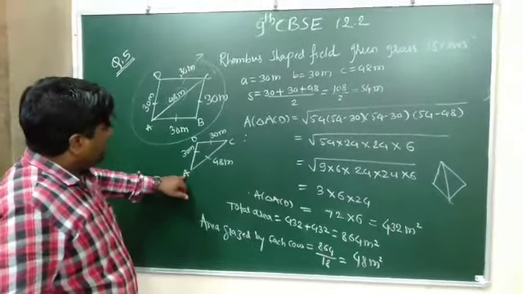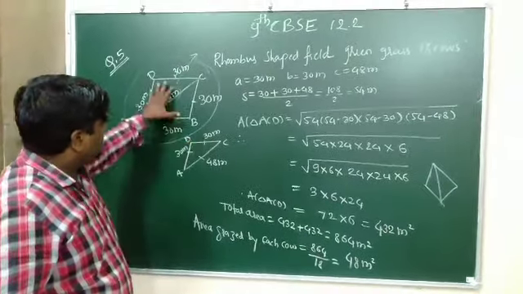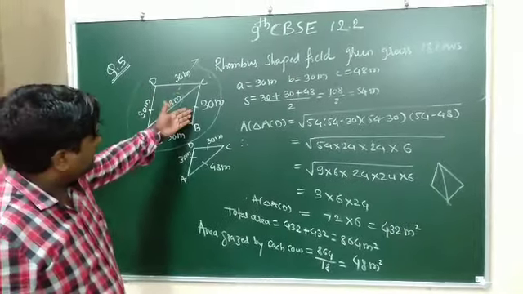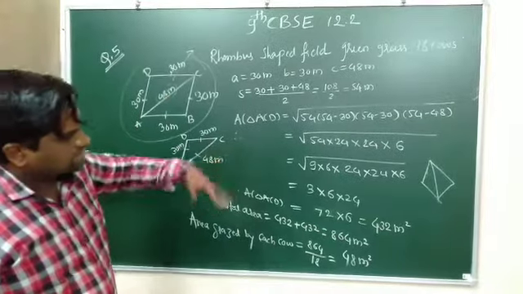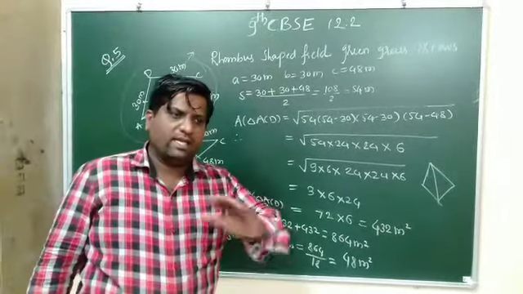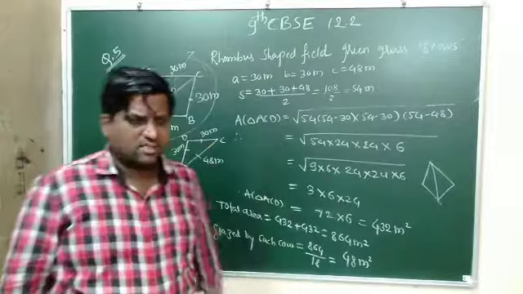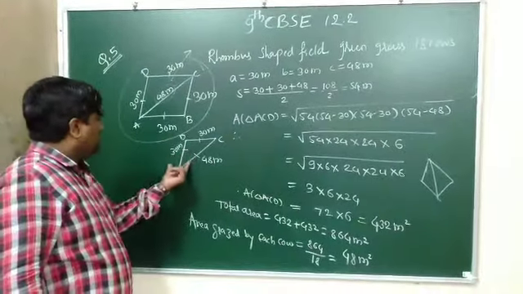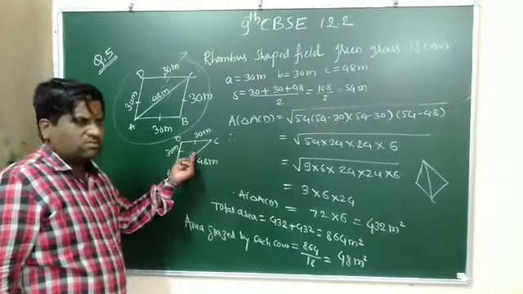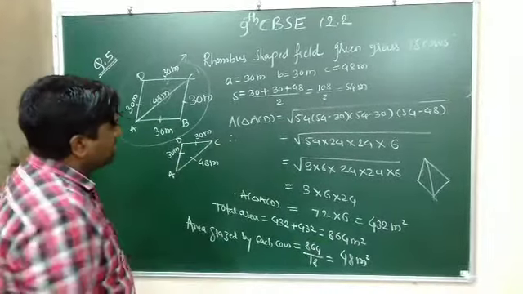I will start with the upper triangle ACD. If you start with the lower one, that is also acceptable, because the areas of the two triangles are the same due to equal dimensions.